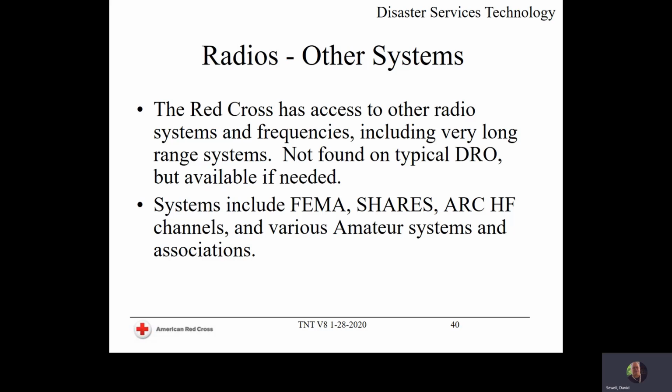The systems include FEMA SHARES, ARC HF channels, and various amateur systems and associations. These aren't real common systems to use on an operation, but the point is that we do have some custom systems that we can use to help us in particular communication scenarios.